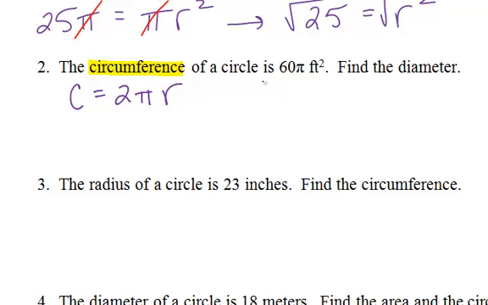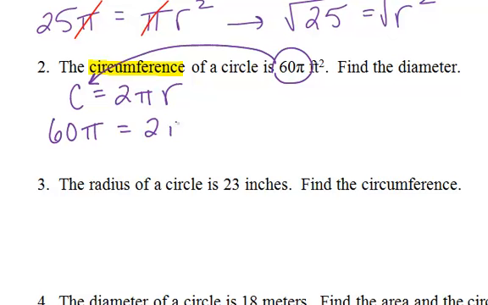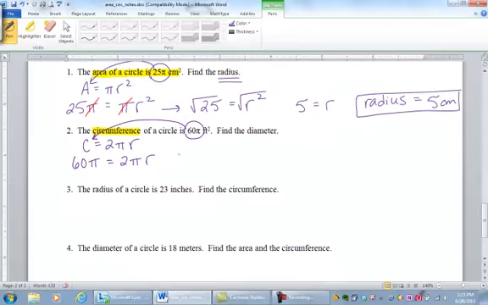So the circumference of a circle is 60 pi. So they're telling me that that is equal to the circumference. So that's what's going to be plugged in for C in this case. Okay, so I'm going to plug in 60 pi. And I don't know what the radius is, but I'm going to just keep the r in my equation. I'm going to solve for the radius, and then hopefully that's going to help me find the diameter.